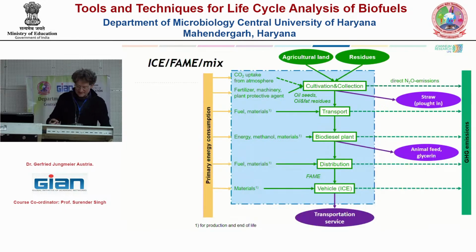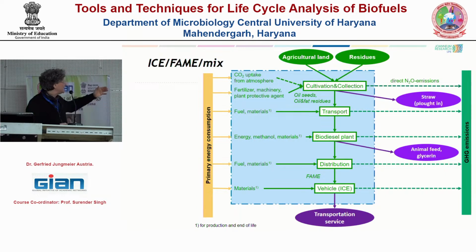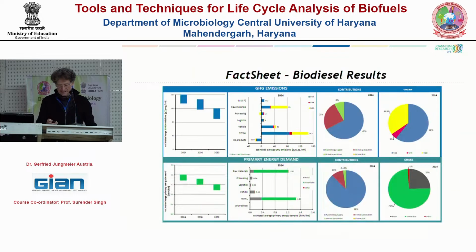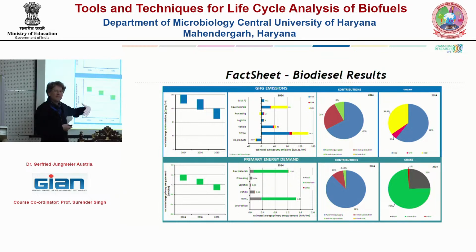I show you the same results also for biodiesel. It's more or less a similar process chain, again using a raw material mix we currently have in Europe and will have in Europe, again seeing the co-products. Again in the fact sheet of biodiesel, you see the improvement potential of biodiesel in future is maybe not so impressive compared to bioethanol.